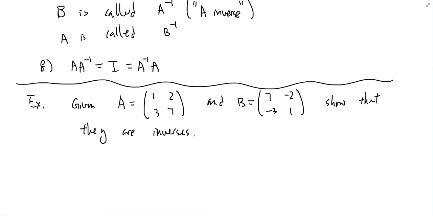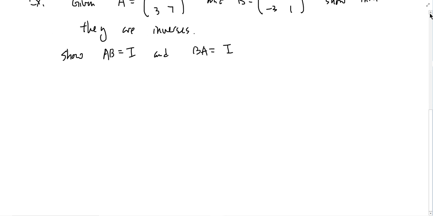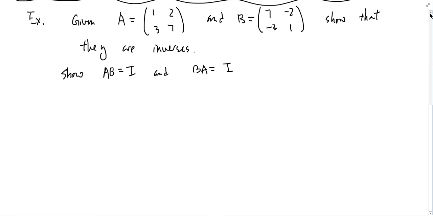And how do I do that? The way to do that is to show the following. Because matrix multiplication is not commutative, you have to show A times B is equal to I, and B times A is also equal to I. If you do not do both ways, you actually did not show that they are inverses.